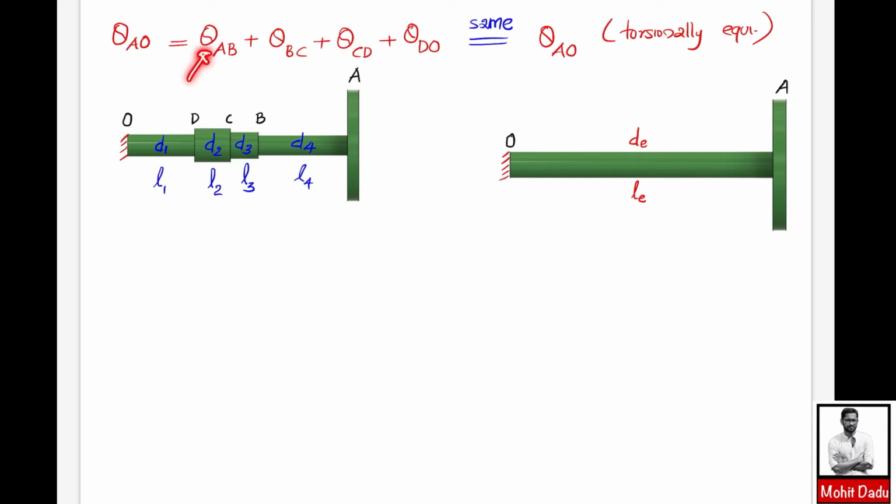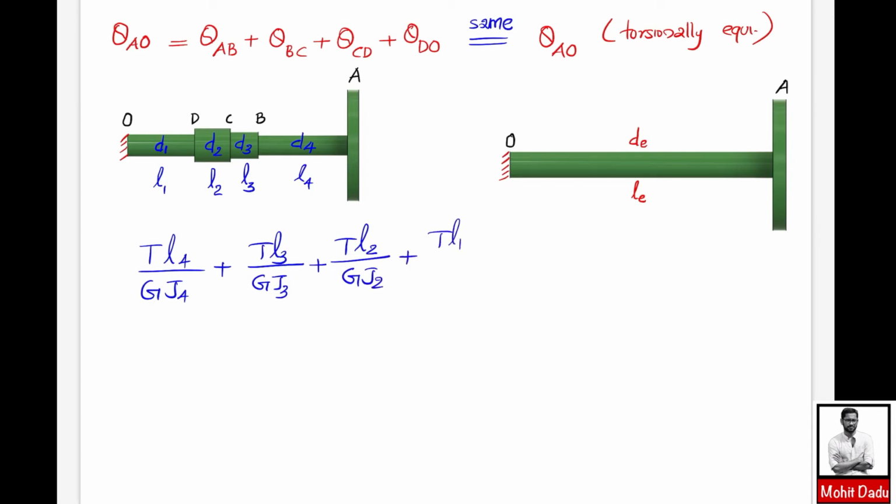So I will be writing an expression for each of these terms. The left hand side, theta AB plus theta BC plus theta CD plus theta DO, becomes T into L4 divided by G into J4, plus T into L3 divided by G into J3, plus T into L2 divided by G into J2, plus T into L1 divided by G into J1.